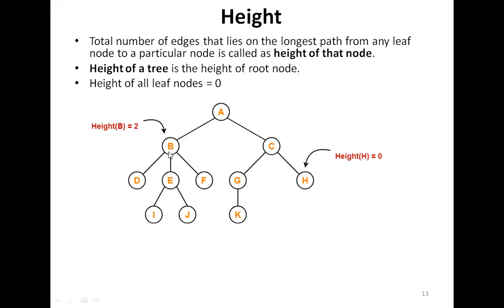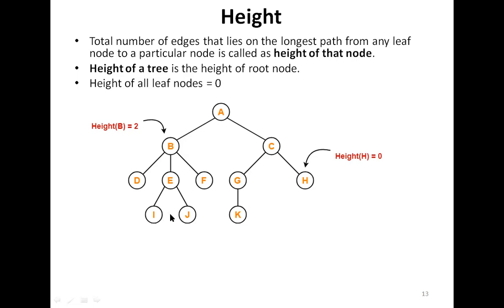There are many paths from B. This is one path, this is another path, and this is another path. So there are different paths from B to the leaf nodes, since different leaf nodes are there.